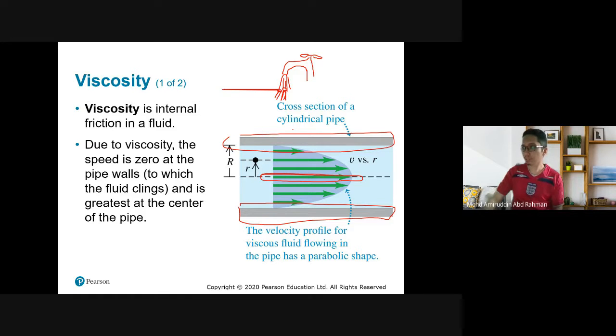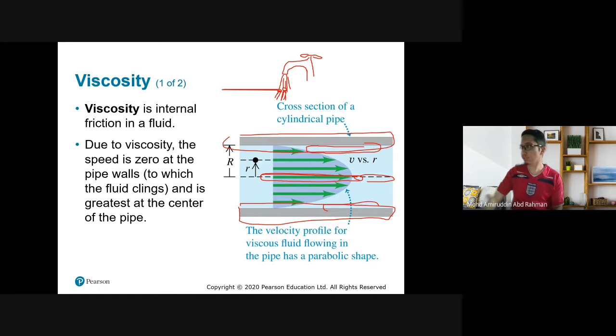So this is the concept of viscosity. There is a friction acting on that, which we call viscosity inside the fluid, much higher around this area compared to this area.